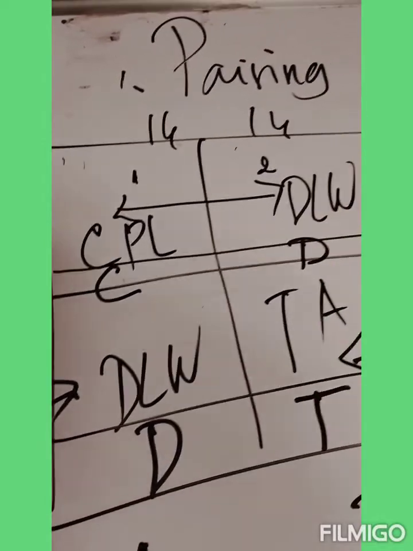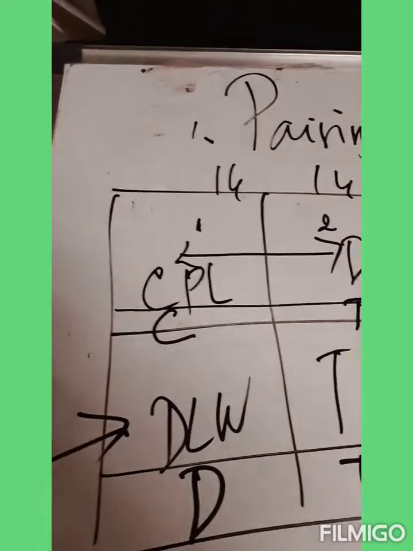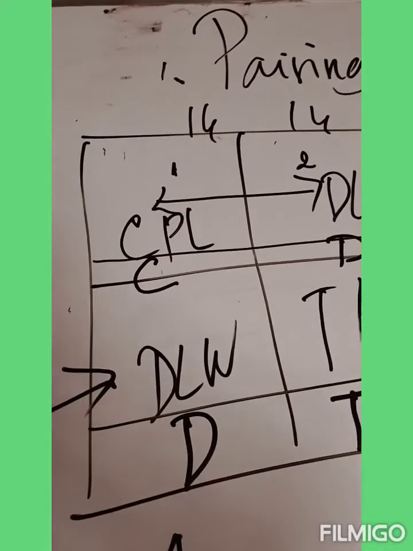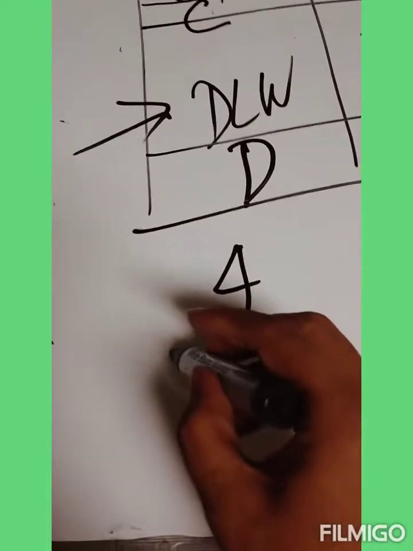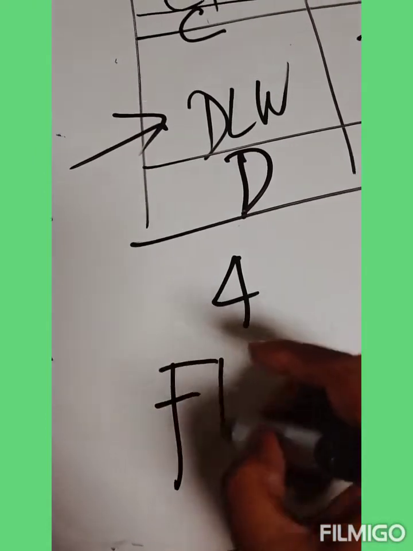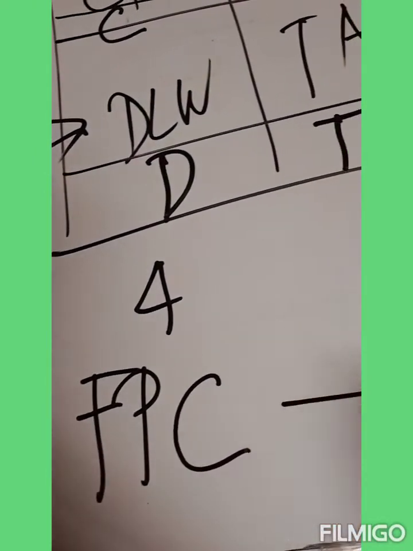Now we have to look for the denominator and the numerator. Back to the pairing, do not forget that only whorl has numerical value. Before proceeding, you have to write FPC, fingerprint classification. We have to look for the numerator first.